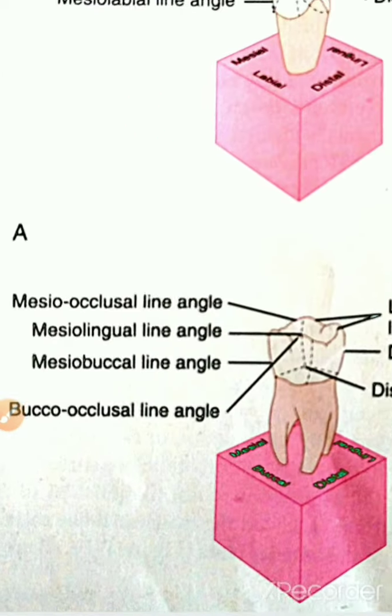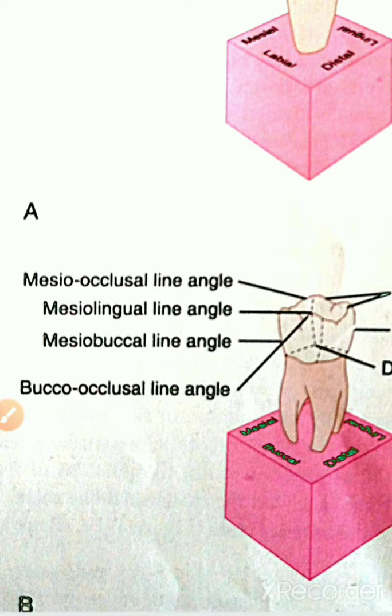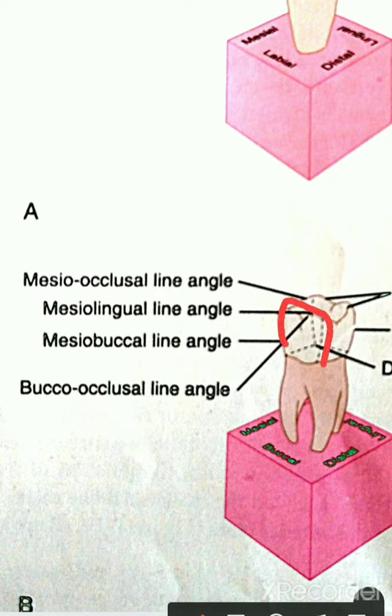When it comes to the line angles of posterior teeth, it is a junction of two surfaces. If this is the labial, meaning buccal, surface, we have the bucco-occlusal line angle, mesiobuccal line angle, and on the distal side the distobuccal line angle.